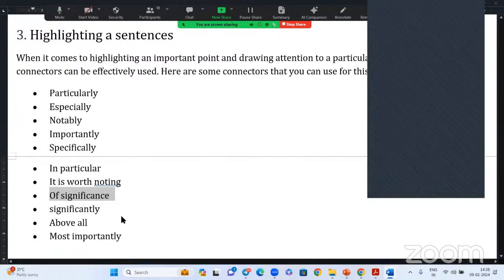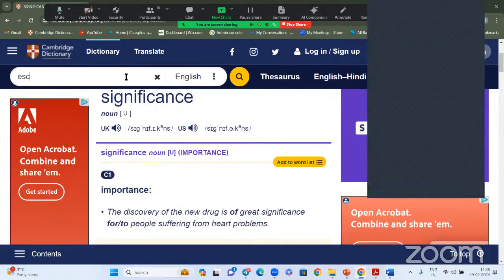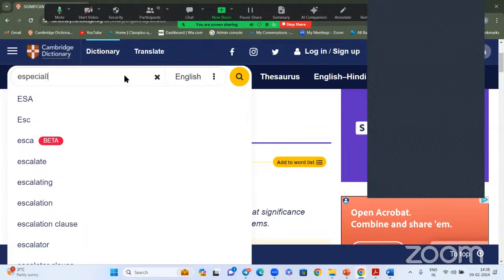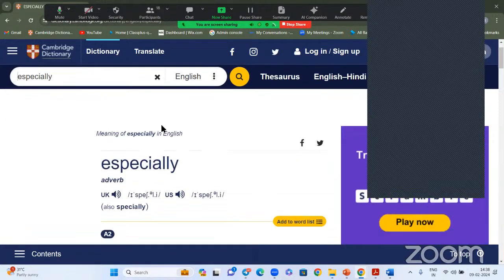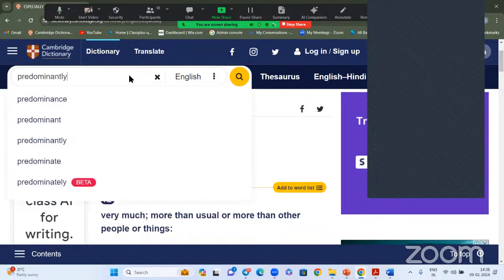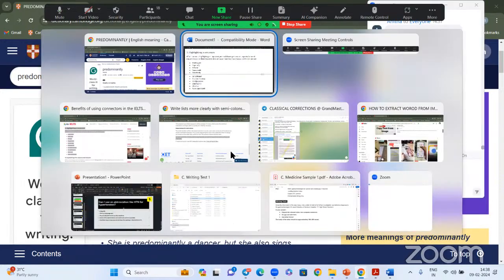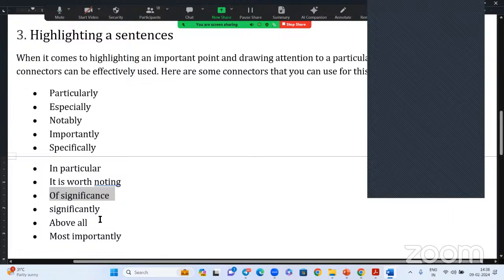Then especially. Come on, write one sentence at least. In the meantime, I'm doing something for you. Don't be dull. Don't be silent. Especially is A2. A2 means basic. So no need. You can say predominantly. Very powerful word. That is not there at all in this big list.